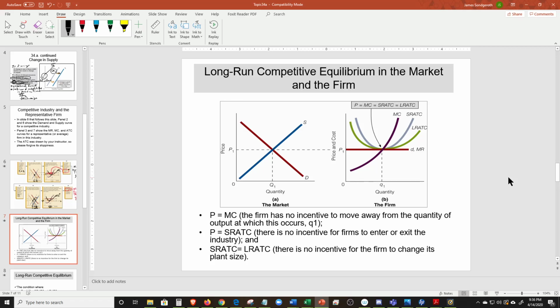Okay, so here we go. Here again we have the market, the industry market, and the firm. And remember, the supply curve is approximately the sum of the marginal cost curve, and the demand curve is approximately the sum of the marginal utility curve.